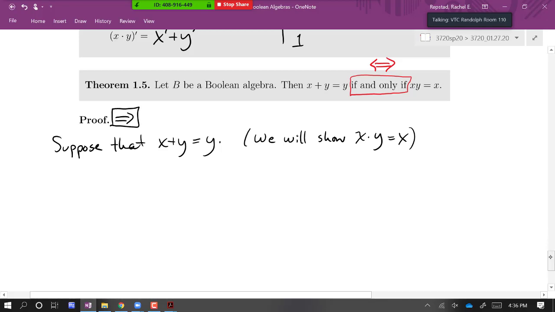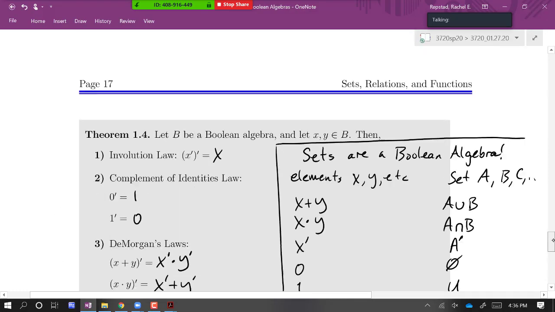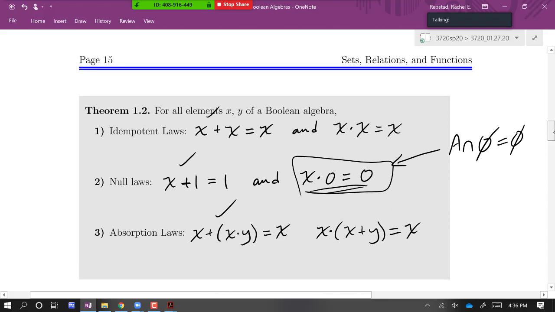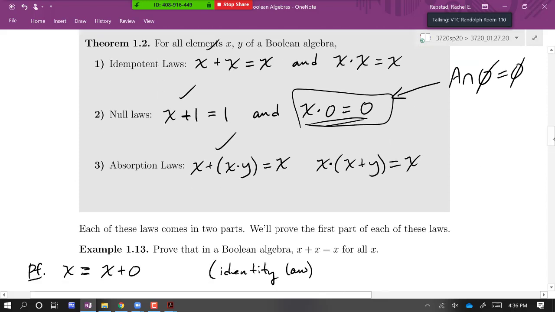I'm going to invoke a previous result, one of the absorption laws. So, in particular, I think this one. So x times x plus y is equal to x.